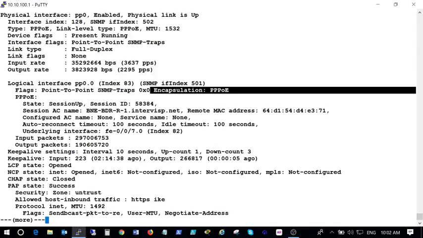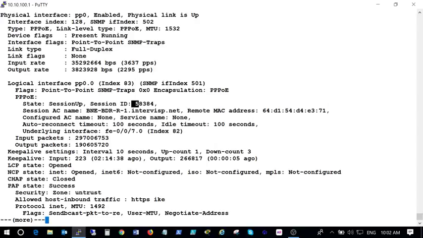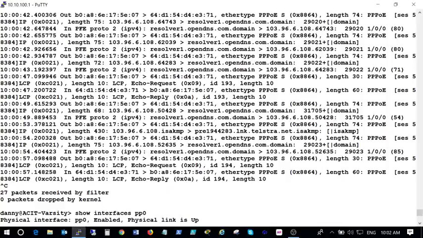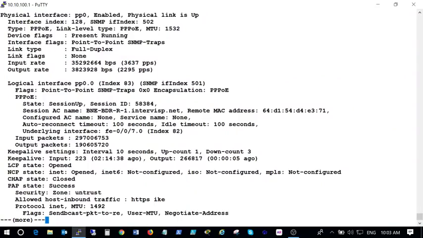State session is up. We've got a session ID. We've got actually a session name here as well, and we have got a MAC address. Now, look at that MAC address there. That is the remote MAC address. If I go back and look at my interface traffic, and if I see out, I'll see that the destination MAC address is in fact the same as that remote MAC address. You notice that? All right.